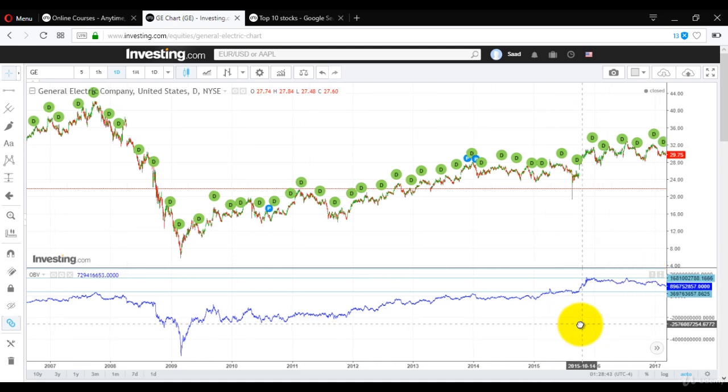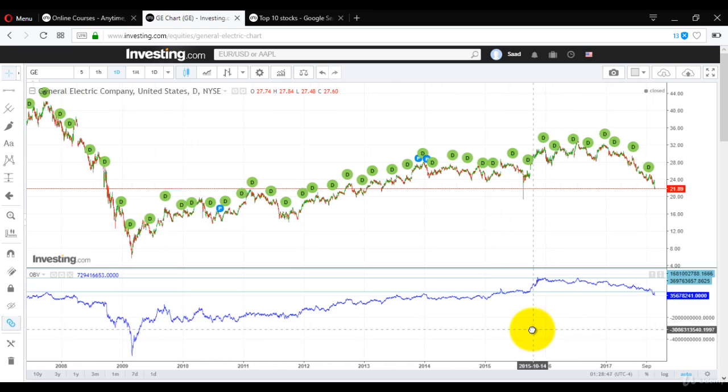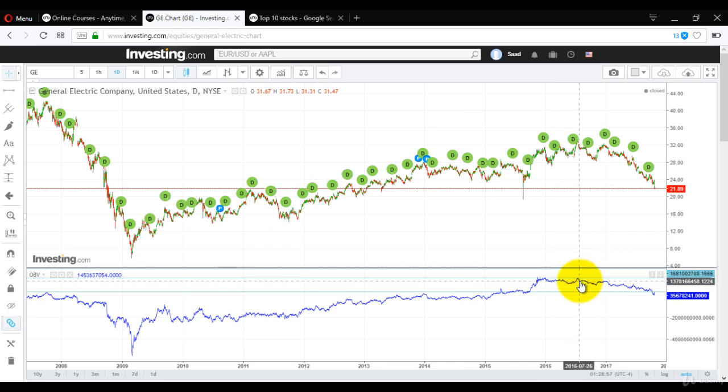Therefore, always remember this, whenever it's not breaking the highs, it's going lower. From this high of 32, it went to 21. Because it's not crossing up, it was a telltale sign that from 32 it's going lower, and it went to 21.